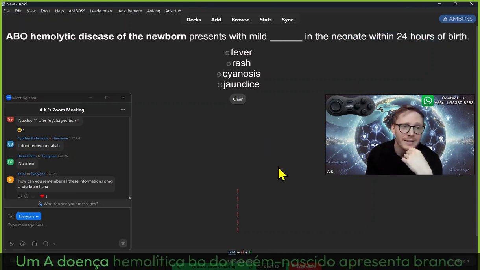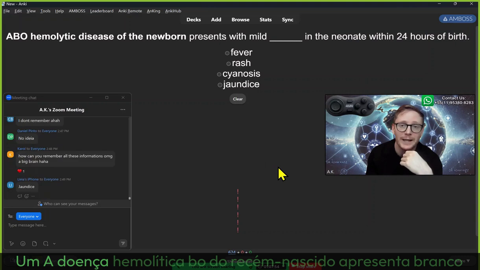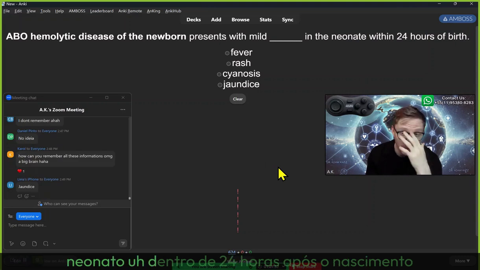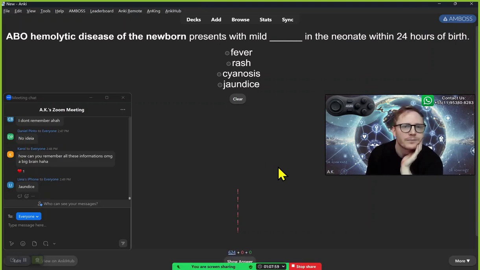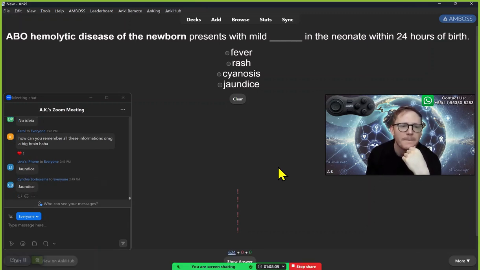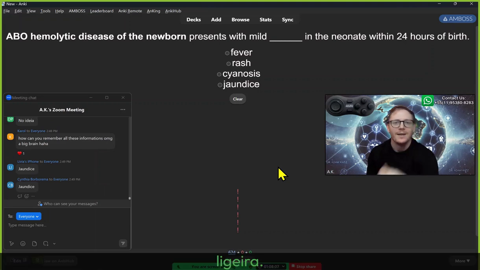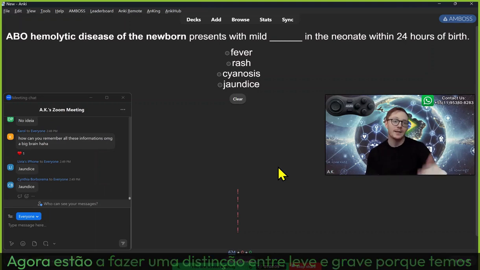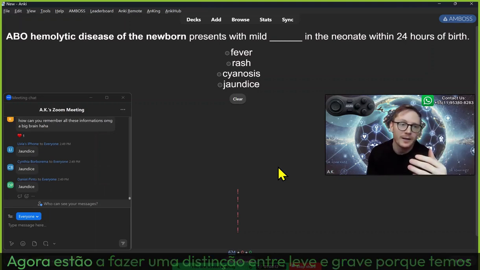ABO hemolytic disease of the newborn presents with mild blank in the neonate within 24 hours of birth. Yeah, mild jaundice. Now they're making a distinction between mild and severe because we have Rh.